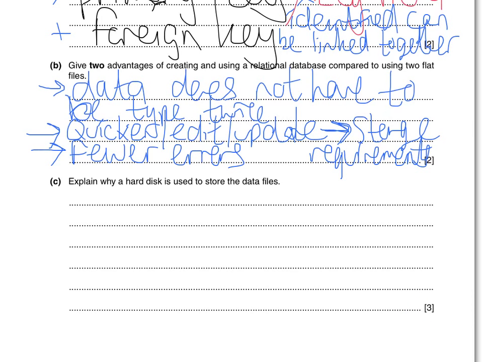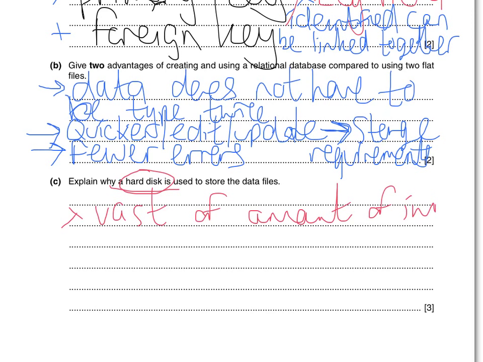Well, this is just a kind of common answer, not generally specific for databases, but the common reason is a hard disk is probably the biggest form of primary or possibly secondary storage data if it's an external hard drive, but this is just a hard drive. So your main point is it has a vast amount of information that can be stored on there. Okay, so I'm just going to abbreviate this, but don't do it for the real exam.